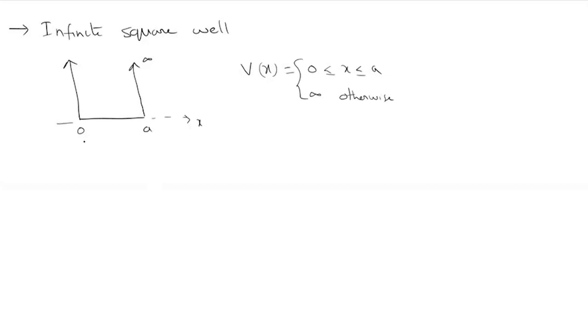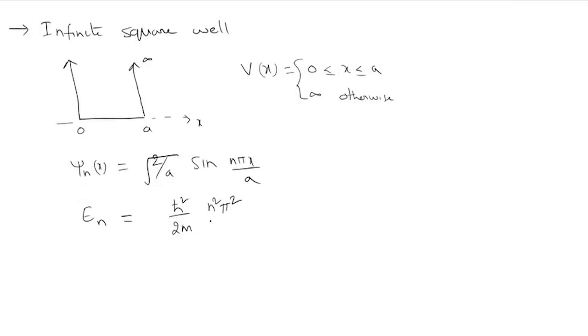If you have a particle in this infinite square well, the wave functions are given by square root of 2 over a times sine of n pi x over a, and the energy eigenvalues are given by h bar squared over 2m, that is momentum squared, k squared. The k squared values are quantized.